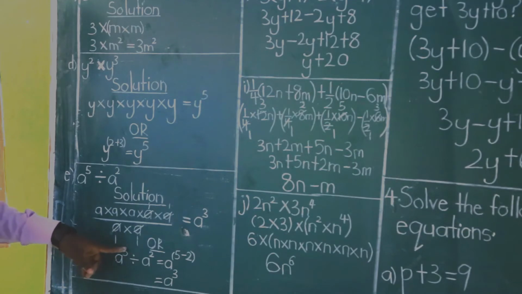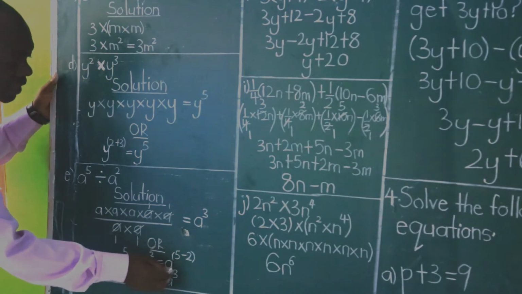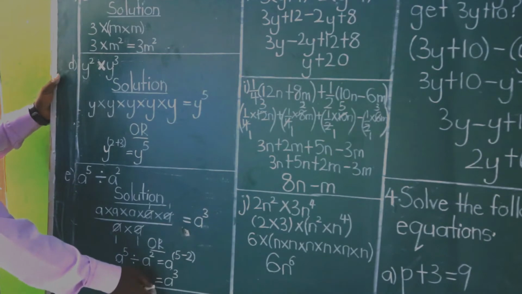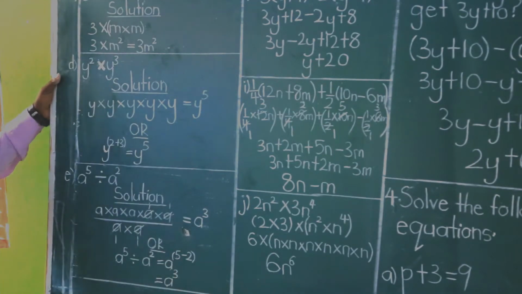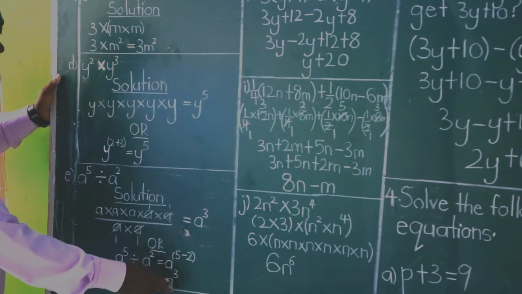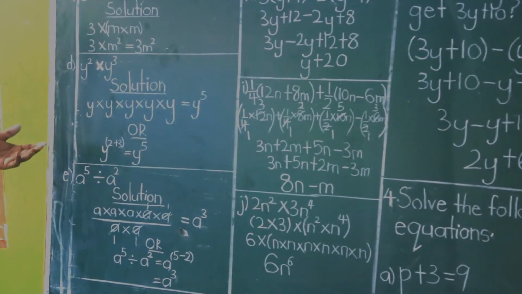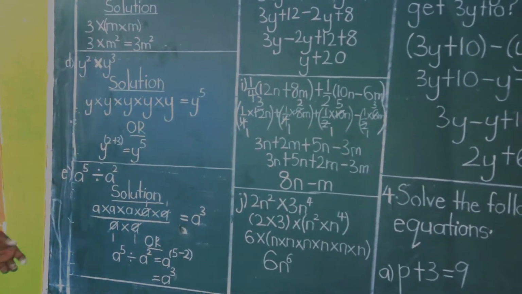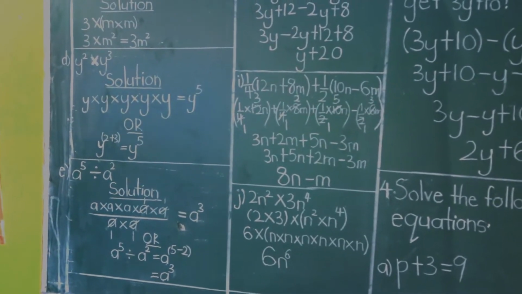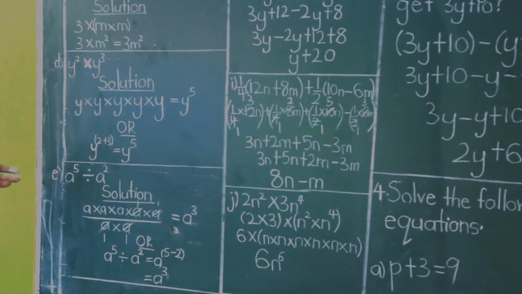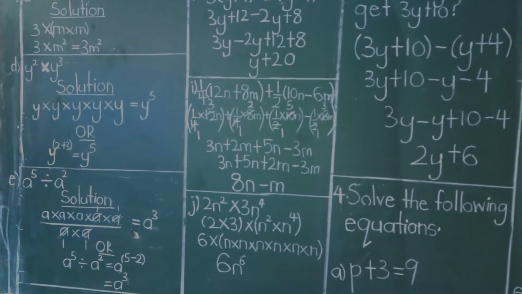So you maintain a and say a index 5 minus 2, and then simplify it as a index 3. One that's technical can actually use that style. Either of the 2 gives you maximum marks, so you are free to choose between the 2, and then write according to your wish. In so doing, you will be able to answer all those.